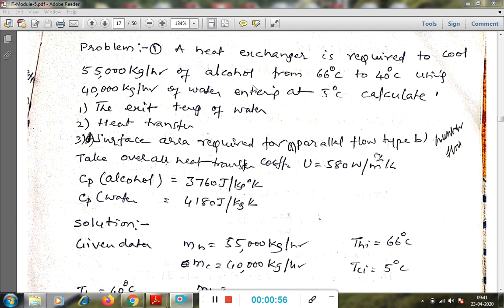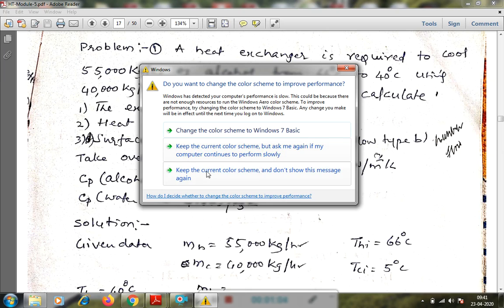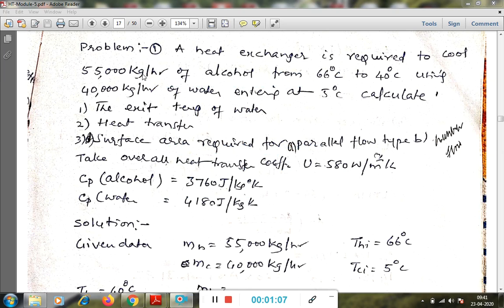The first problem, which is on the LMTD method: a heat exchanger is required to cool 55,000 kg per hour of alcohol from 66 degrees Celsius to 40 degrees Celsius. Here the hot fluid is to be cooled from 66 to 40 degrees Celsius, and its mass flow rate is 55,000 kg per hour.